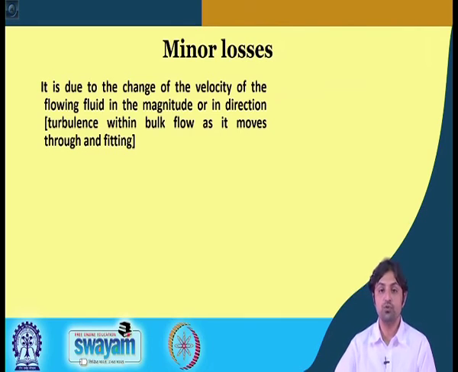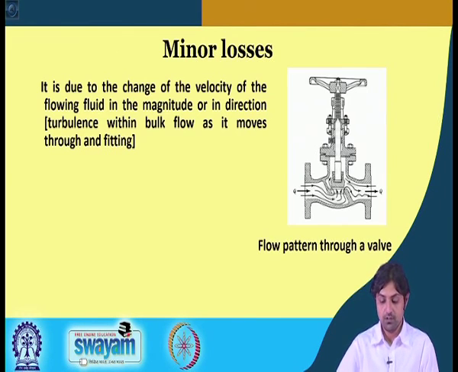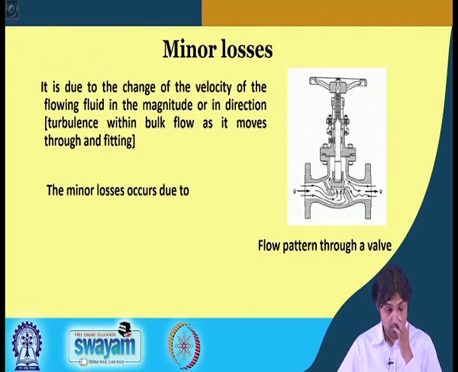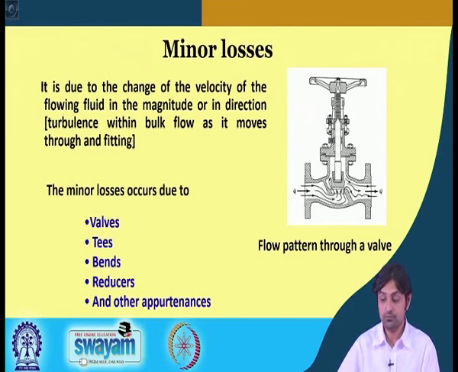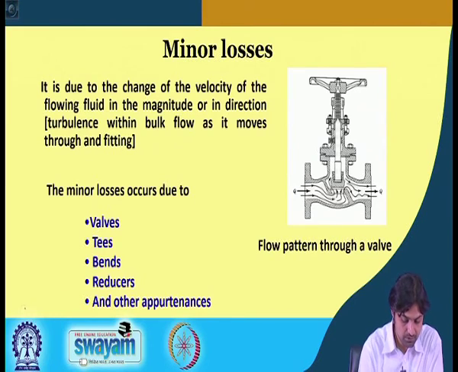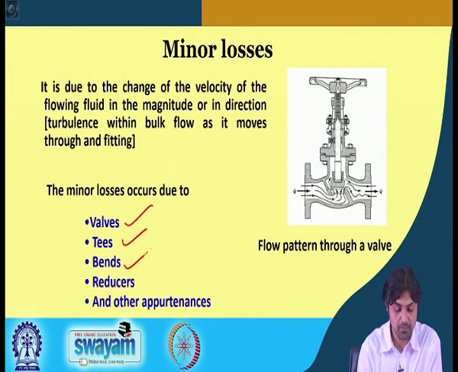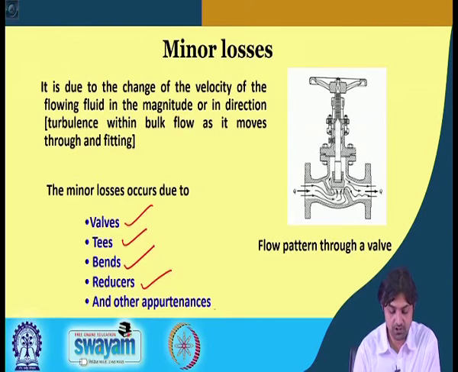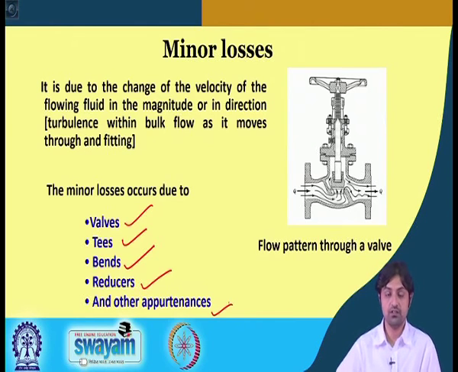If the magnitude or the direction, or both, change, the losses associated with them are called minor losses in pipes. This is a typical flow pattern through a valve, which comprises both major and minor losses. Minor losses occur if there are valves, T's, bends in the pipes, reducers, and other appurtenances.